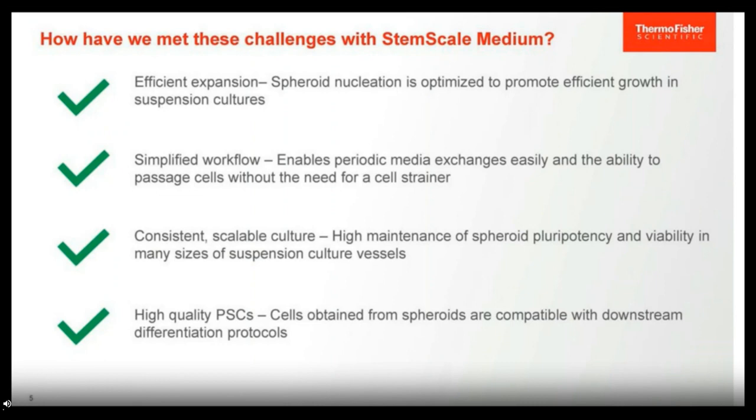So to do this, we focused on enabling periodic medium exchanges and on the ability to passage cells without the need for extra components like cell strainers. We also wanted to have consistent scalable cultures across multiple size vessels, and also the ability to maintain cells pluripotent when they're grown in spheroids. And lastly, we wanted to generate high quality PSCs capable of being used for downstream applications such as differentiation protocols.